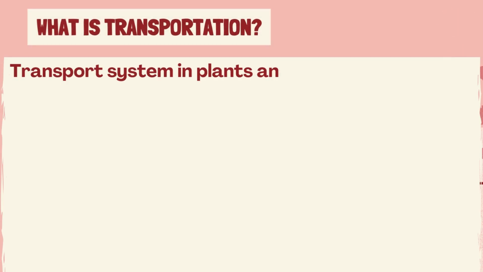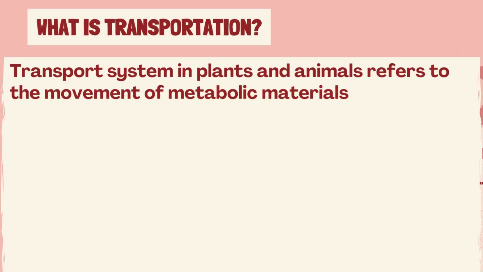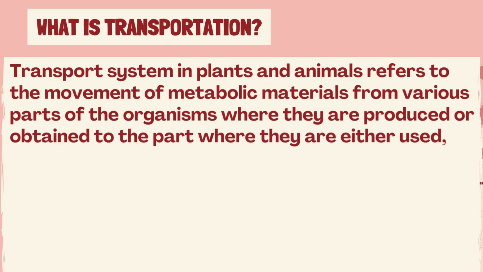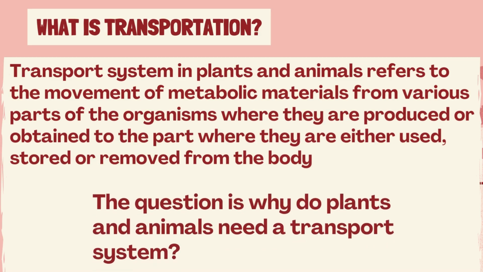Transport and transport system in plants and animals refers to the movement of metabolic materials from various parts of the organisms where they are produced or obtained to the parts where they are either used, stored, or removed from the body. Now, why do living organisms need transportation?